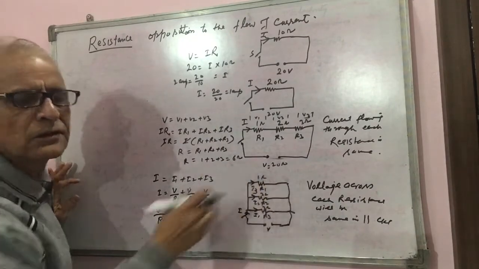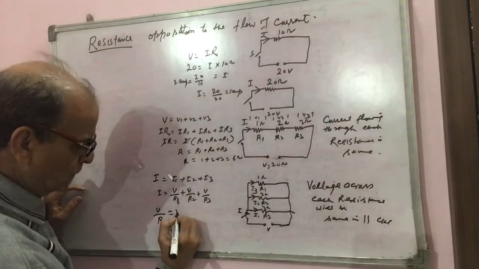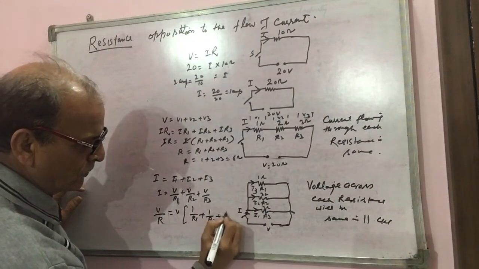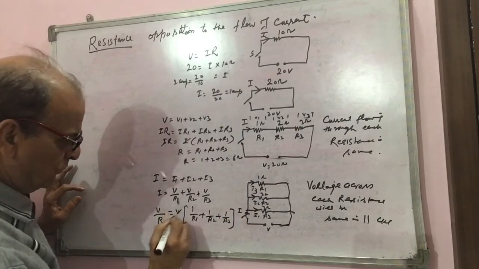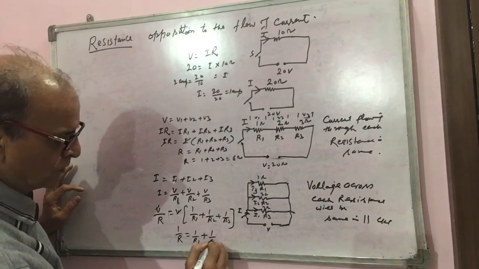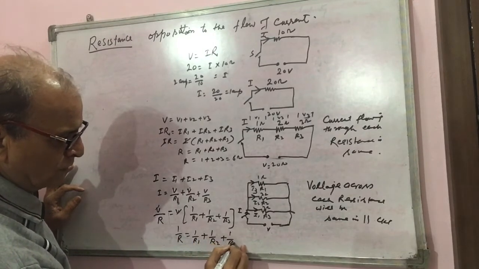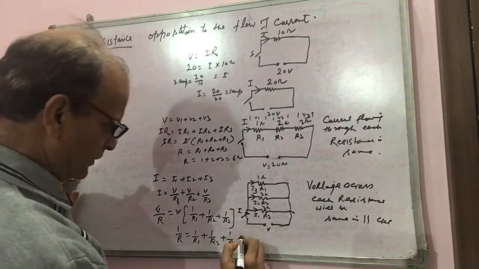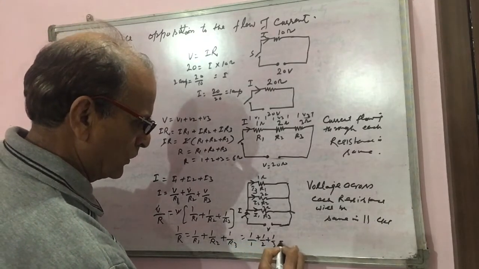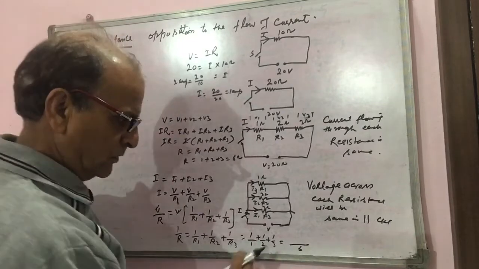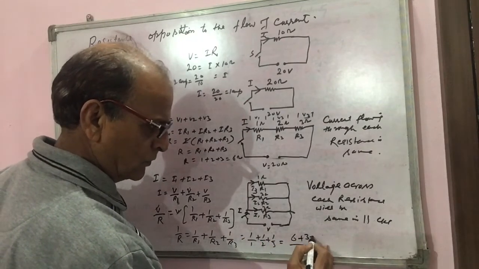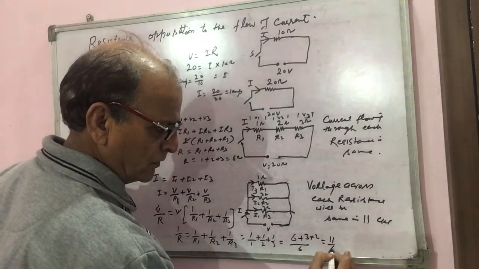So V will be taken as common: 1 over R1 plus 1 over R2 plus 1 over R3. V will cancel, and 1 over R is equal to 1 over R1 plus 1 over R2 plus 1 over R3. When we calculate 1 over 1 plus 1 over 2 plus 1 over 3, the LCM is 6, so 6 plus 3 plus 2, it is 11 by 6.